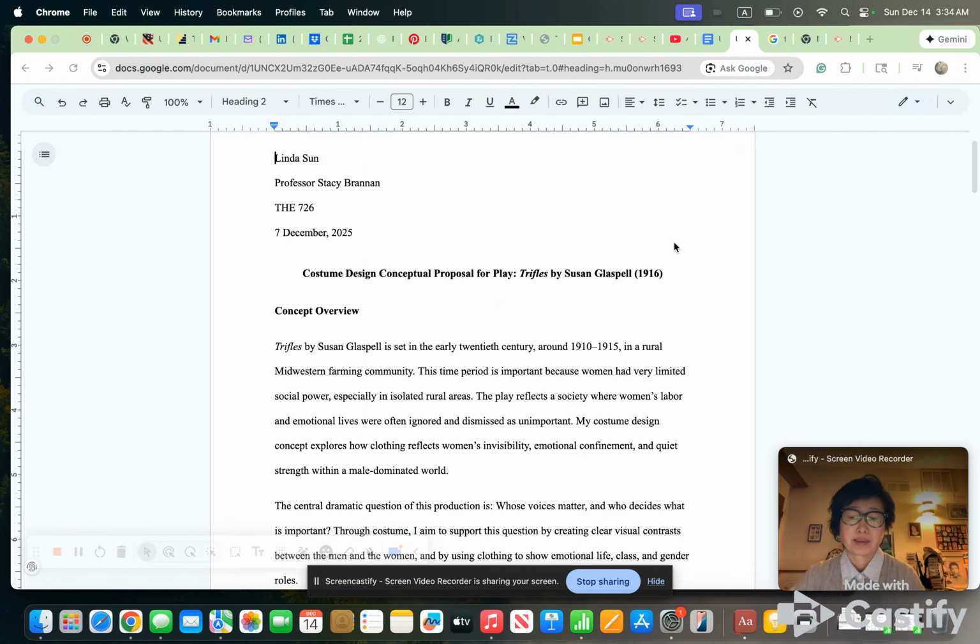He is the neighbor farmer who found the body of Mr. Wright at their house. And then there is Mrs. Hale. She is Mr. Hale's wife, who empathized with Minnie. And finally, there is Mrs. Peters, the sheriff's wife, who helps hide the evidence.